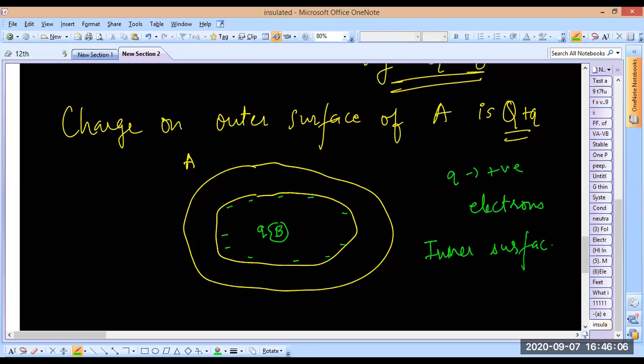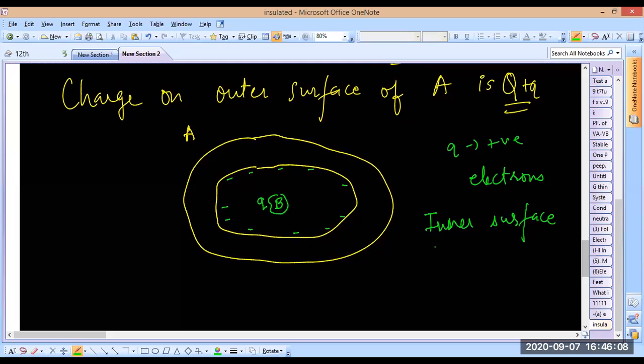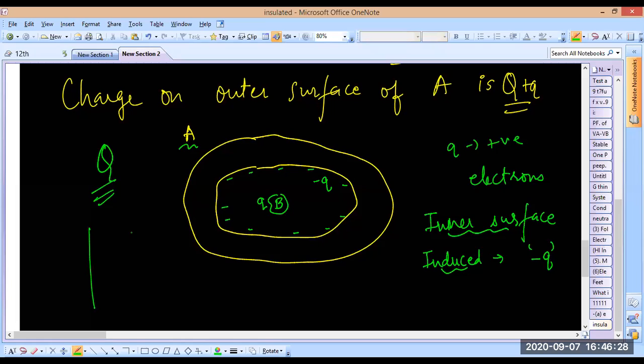How much negative charge is induced on the inner surface? Induced is the correct word. The induced negative charge on the inner surface is minus q. But because A had total charge capital Q, suppose the total is 10.